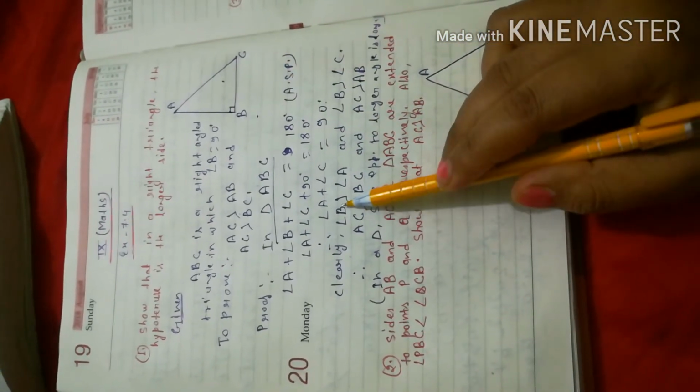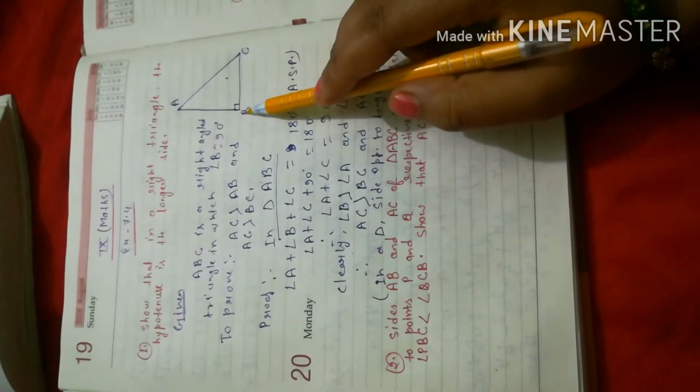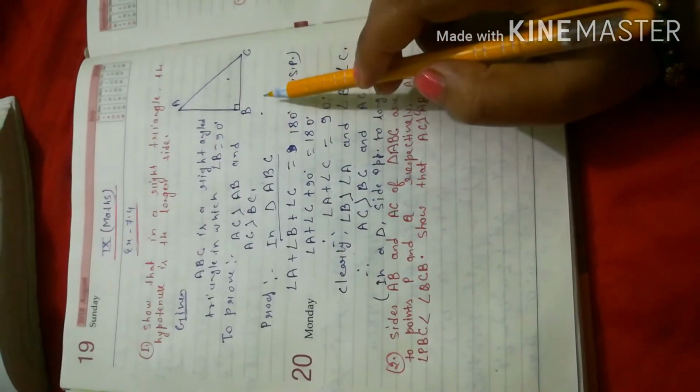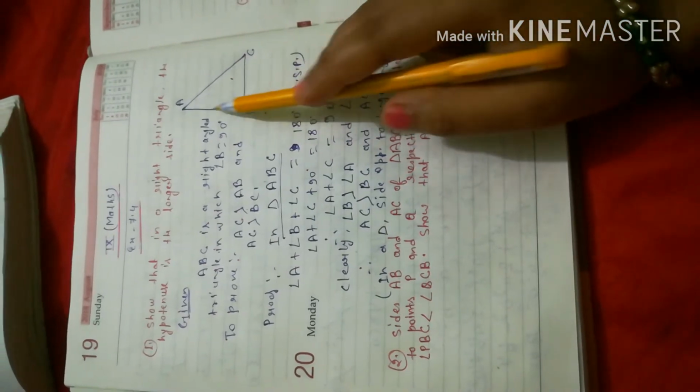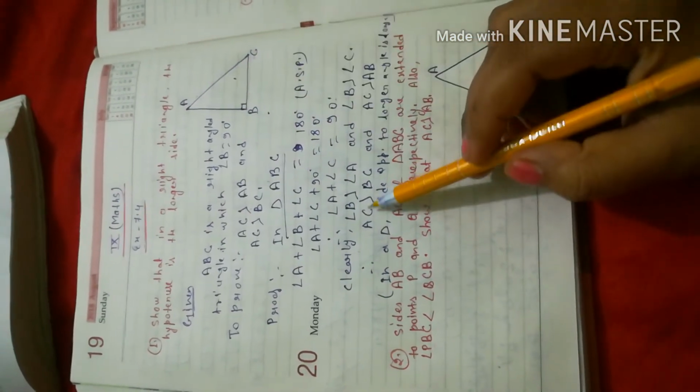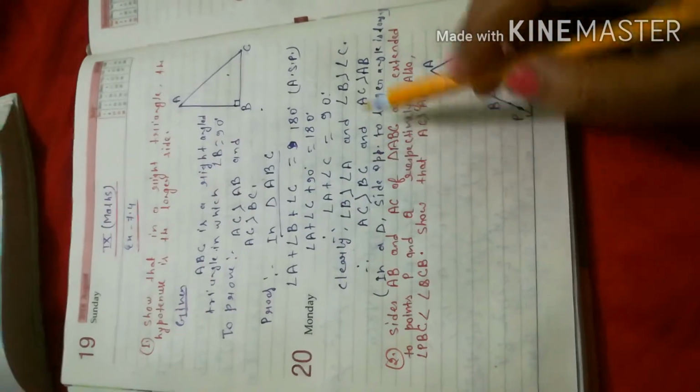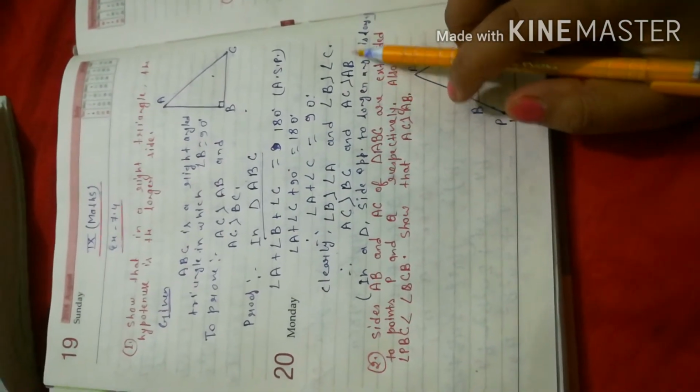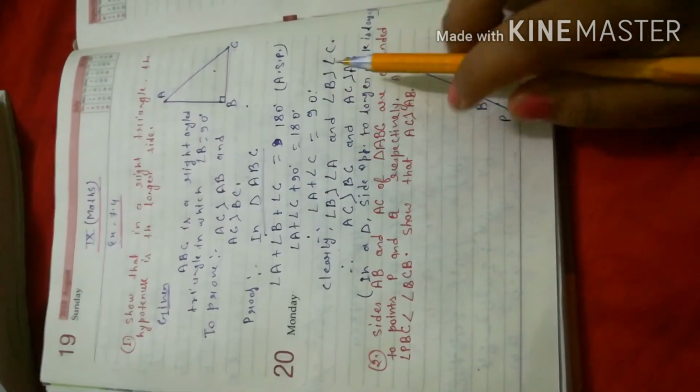So the opposite side of angle B is AC and the opposite side of angle A is BC. So AC is greater than BC and AC is greater than AB also. In this way we will prove this.